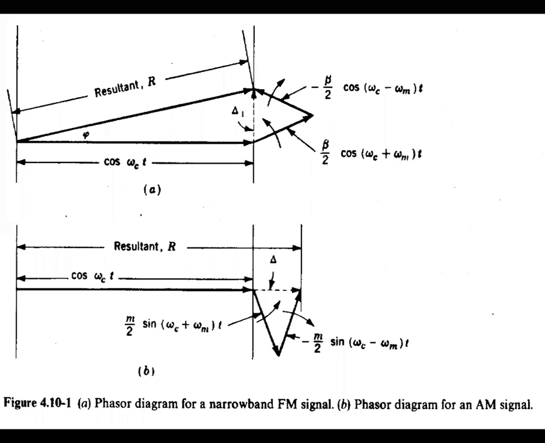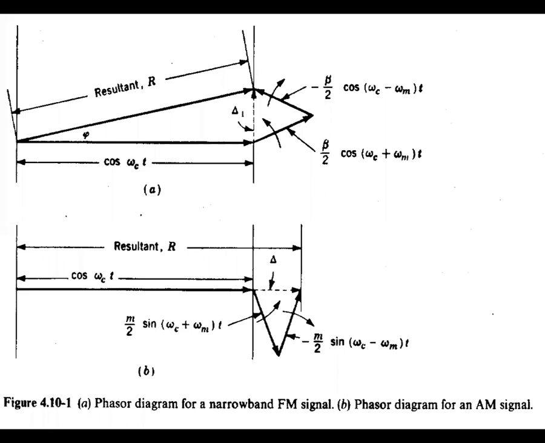In narrowband FM, the condition is that beta is far less than one. In that condition, the carrier is projected on a horizontal line, and there are two lines, one the upper sideband line and the other the lower sideband line. The upper and lower sidebands rotate with respect to the carrier only.